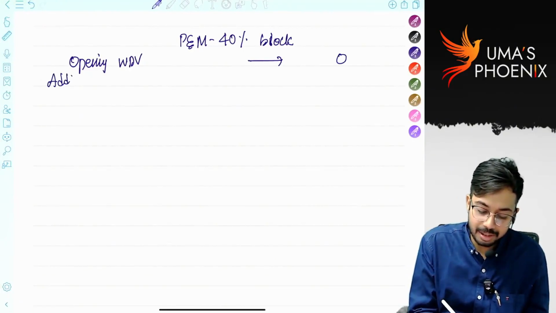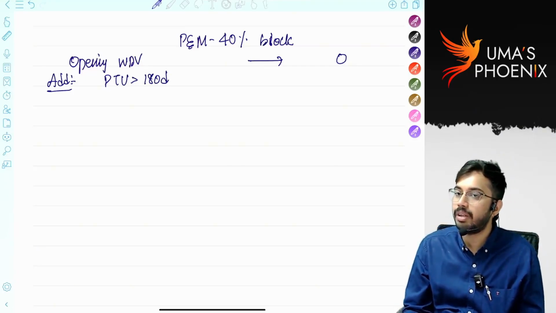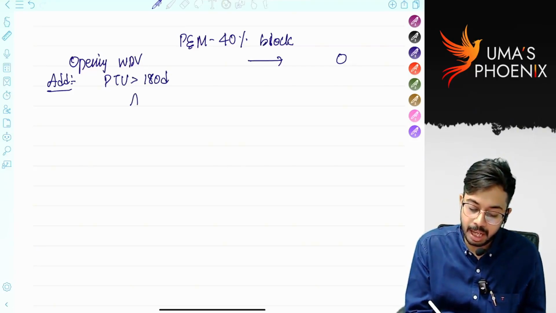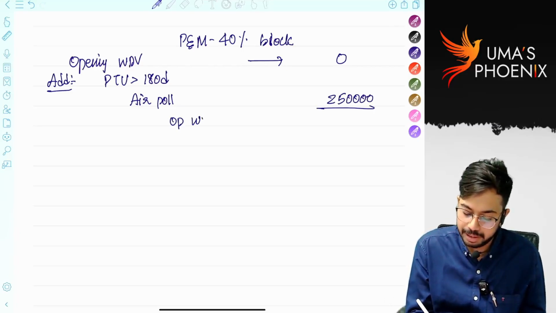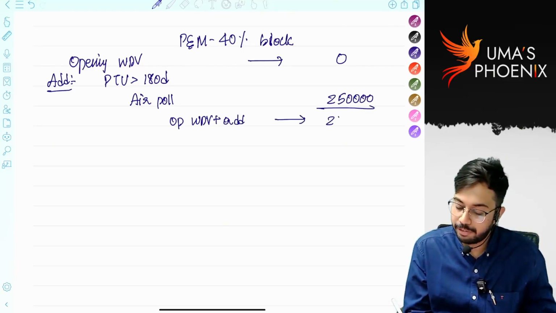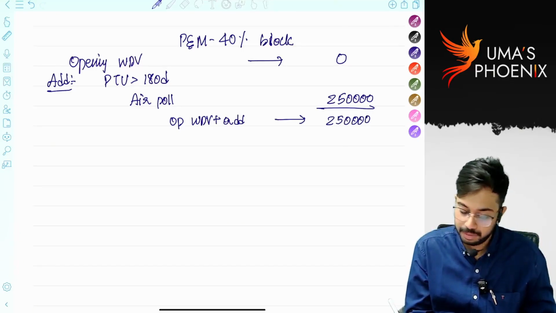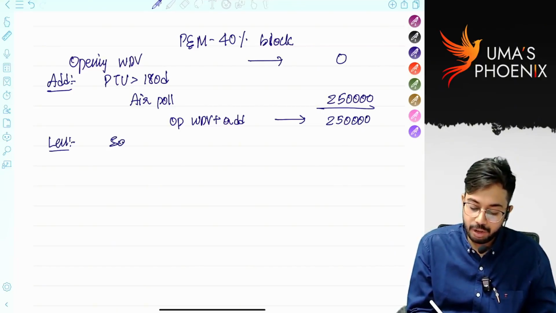Additions. Put to use greater than 180 days. Are there any additions put to use greater than 180 days? Tell me, air pollution control equipment, how much? 2,50,000. So opening written down value plus additions, how much? 2,50,000. Less sale value of assets sold.